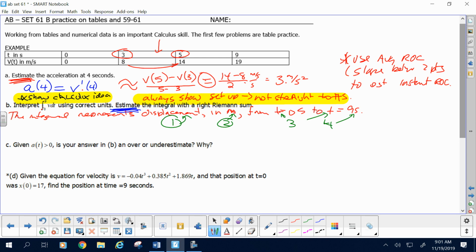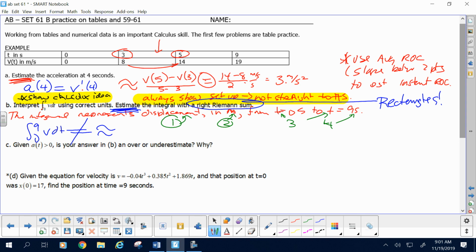Estimate. If you say the integral from 0 to 9 of v dt equals, you're out. Okay, you're estimating area under the curve with rectangles. You're not finding infinite area by actually integrating. You're estimating. It is an approximation. Right Riemann sum is fancy calculus code for rectangles.